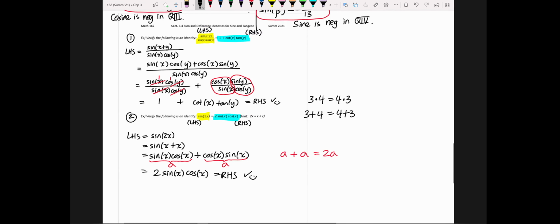Maybe I should put up here for our reference. This was identity group 2, that cotangent is cosine over sine. Tangent is sine over cosine. And we know that tangent and cotan are reciprocals. So cotan is cosine over sine. Tan is sine over cosine.